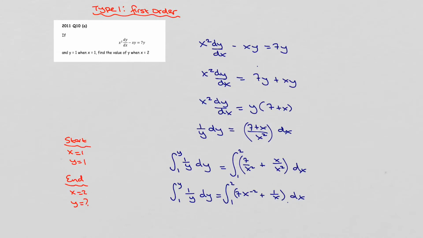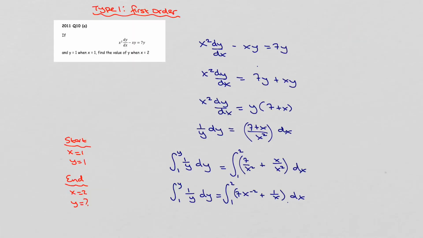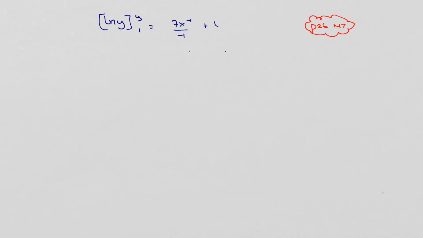And then that equals, well, if I integrate 7x to the minus 2, well, I add 1 to the power. So it's 7x to the minus 1 and divide by that new power, which is minus 1. And then if I go back and I integrate 1 over x, well, that's going to be natural log of x. And that's within the limits of 2 and 1.